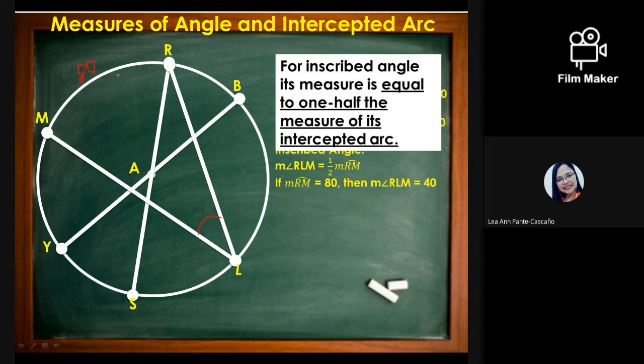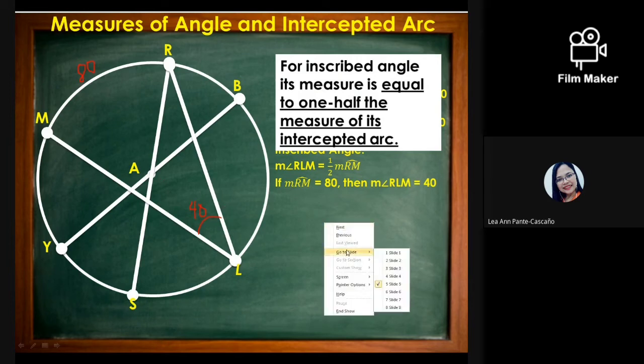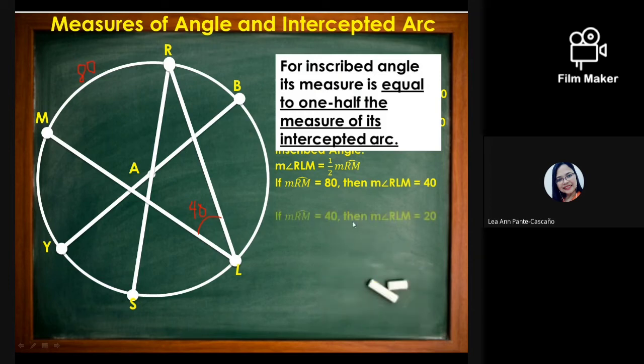Kung ang ating arc is 80, half of 80 is 40. Okay? Kasi hinahanap natin yung measure of an inscribed angle. Next, if arc RM is 40, angle RLM is 20.